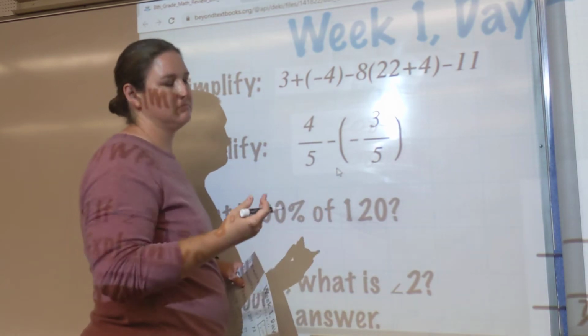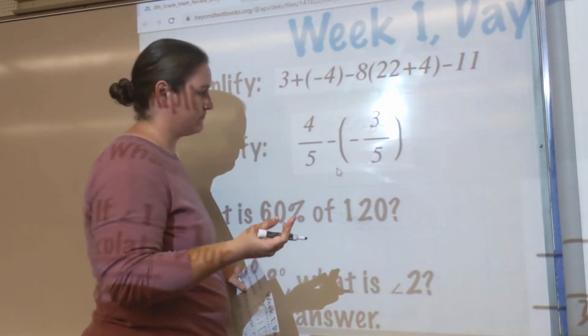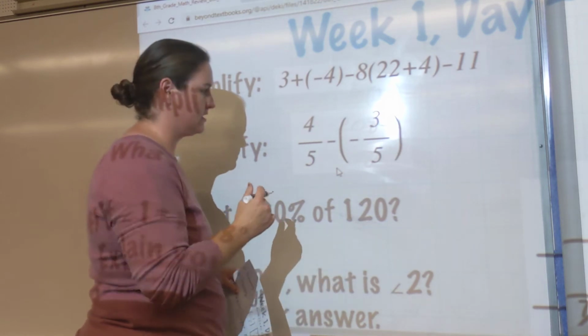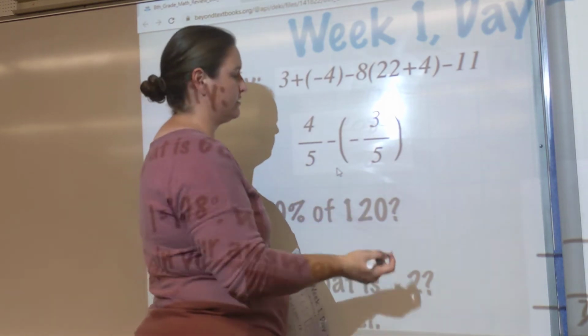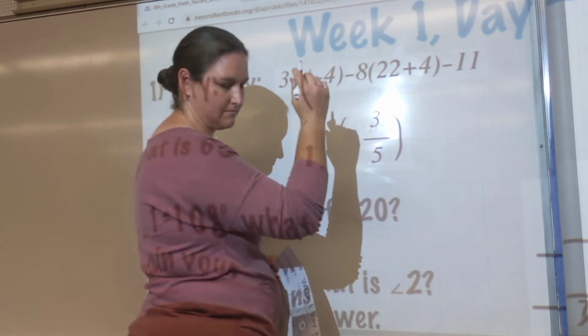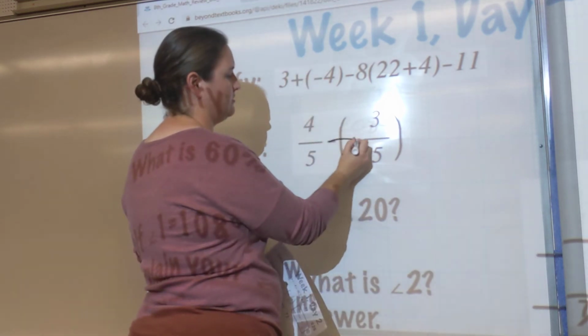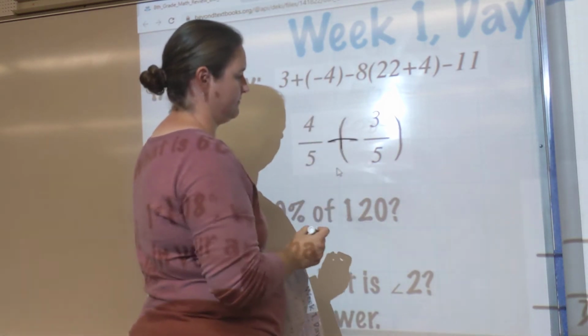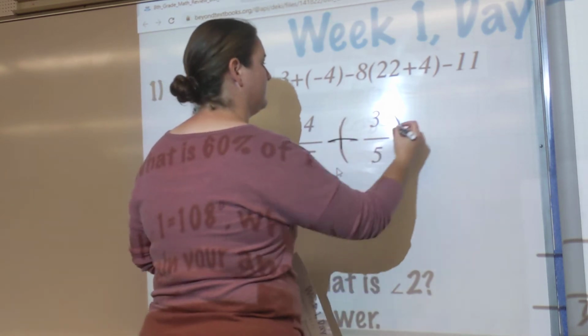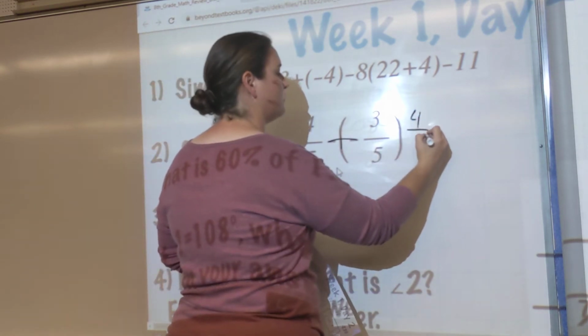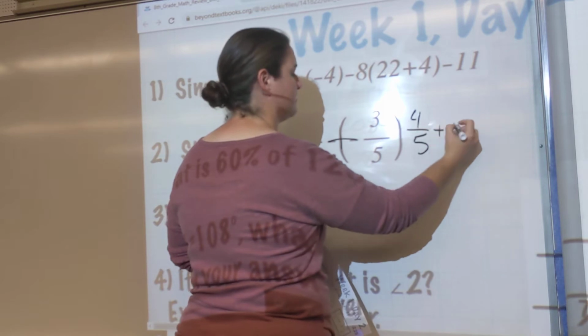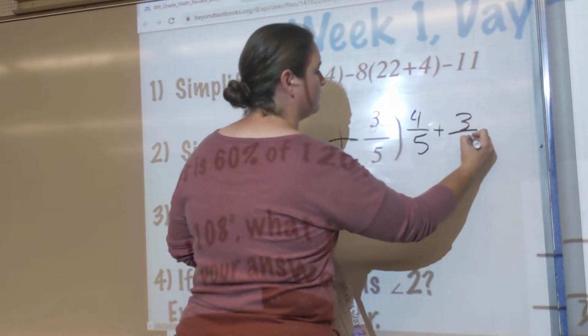And I don't really know what that is. That wasn't around when I was doing this. So I just always learned that 2 negatives make it a positive. So 2 negatives make it a positive. So we have, this will give us 4 over 5 plus 3 over 5.